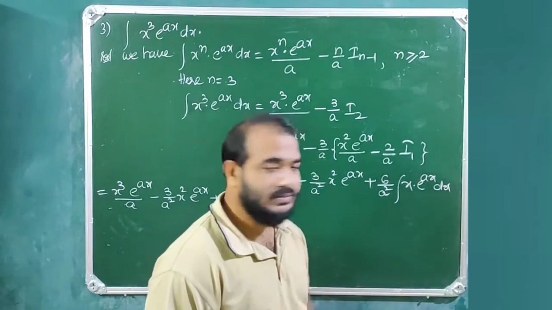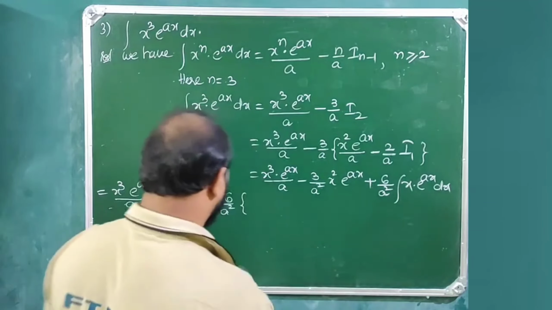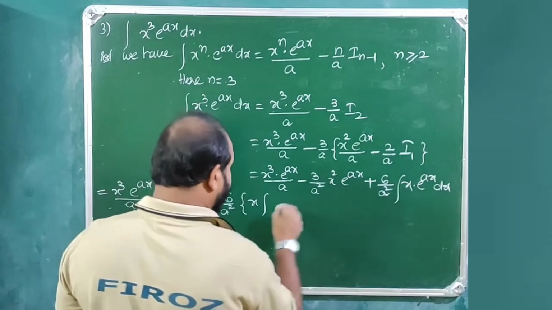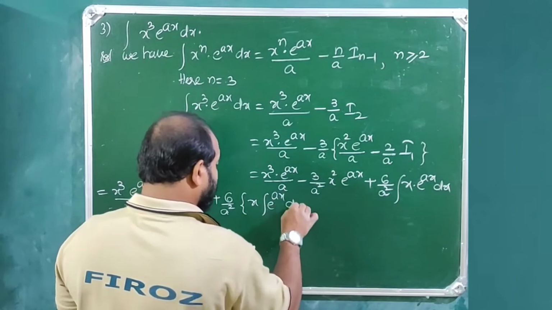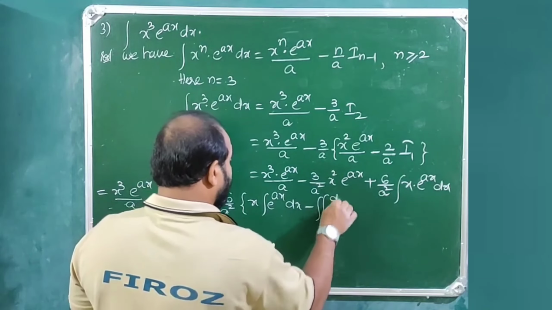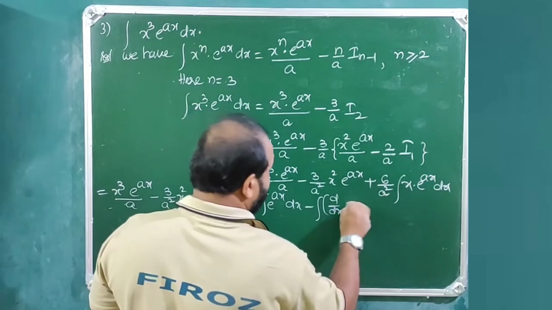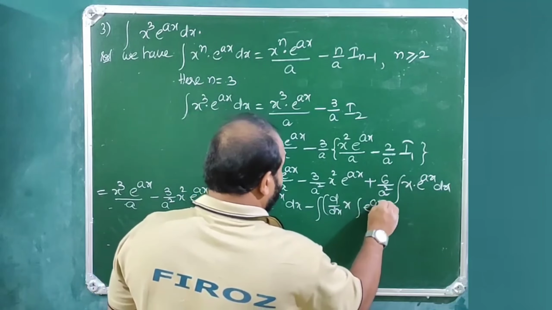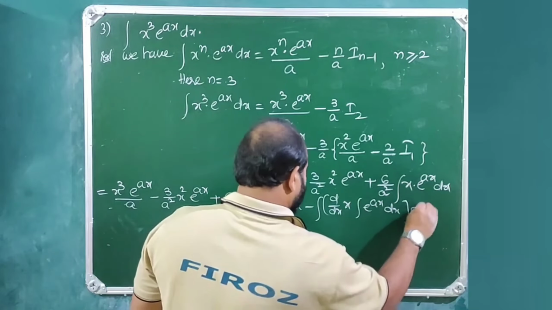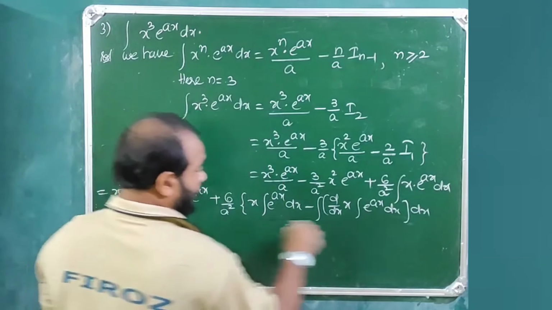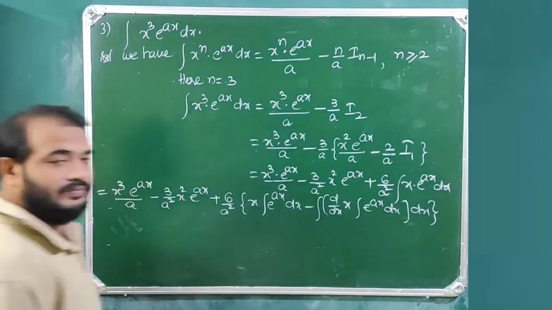So by parts method is used here. So first function into integral of second function dx minus integral of d by dx of first function into integral of second function dx whole dx. So bracket off.